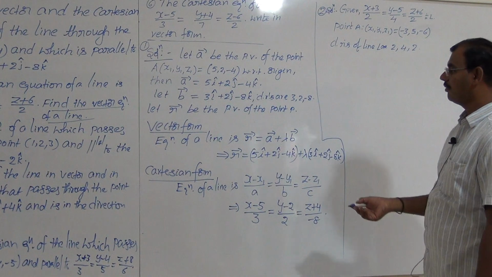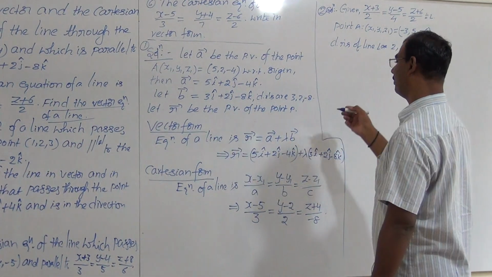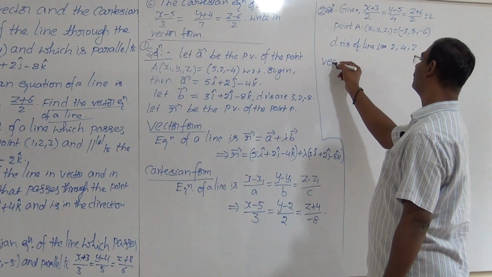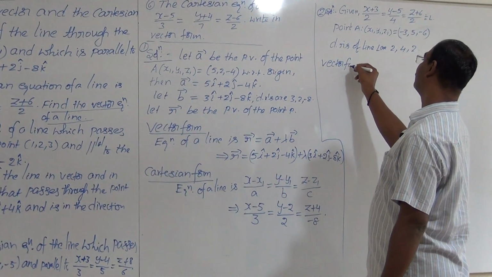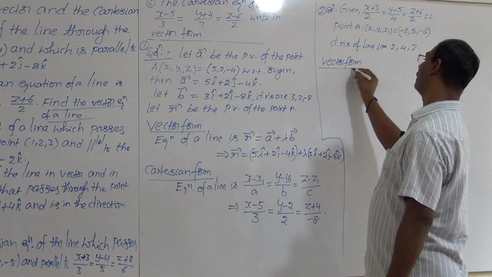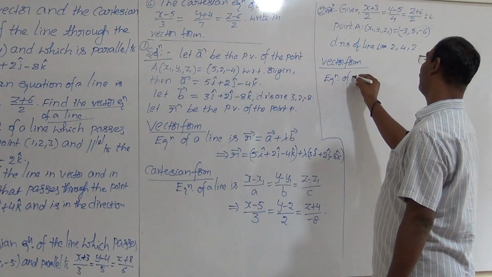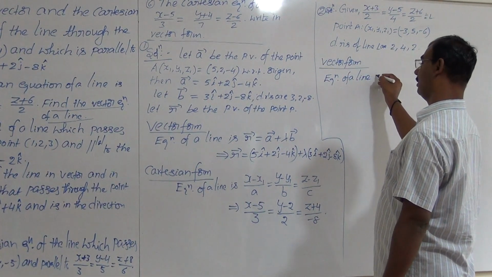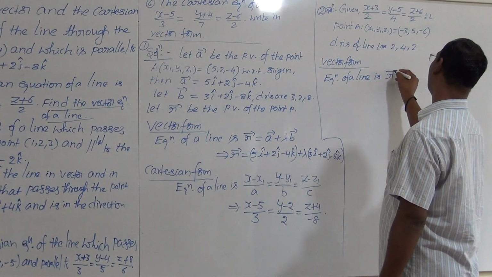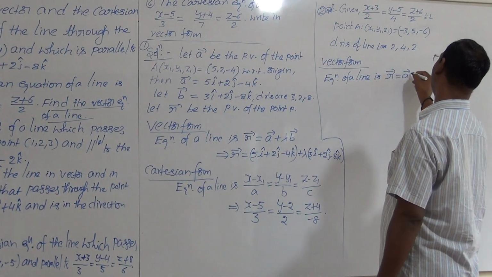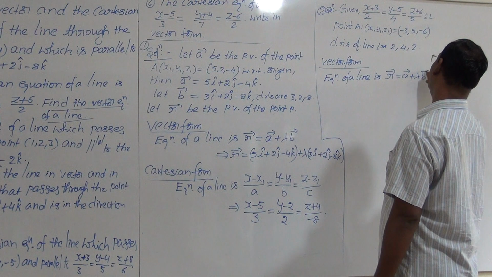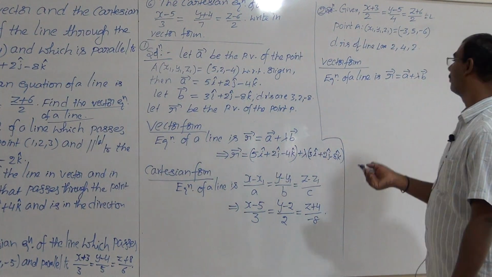Next, asked for vector form. The equation of a line formula is R bar is equal to A bar plus lambda times B bar.